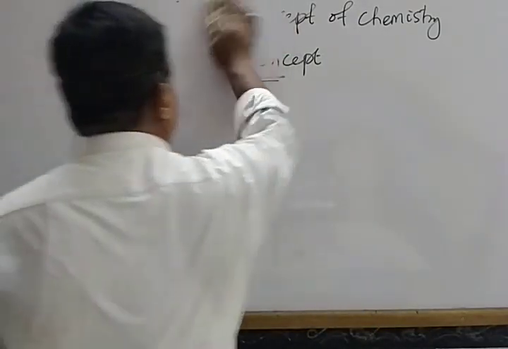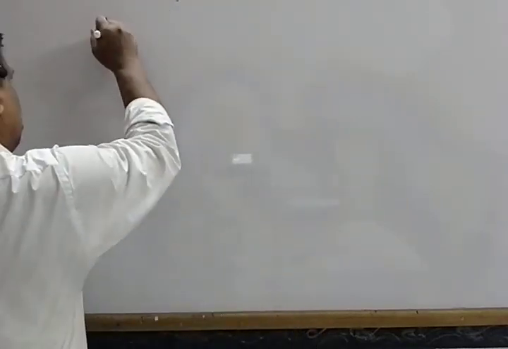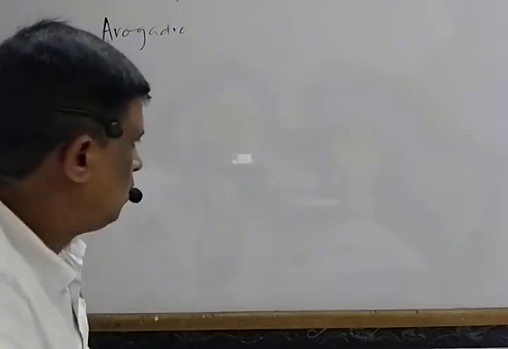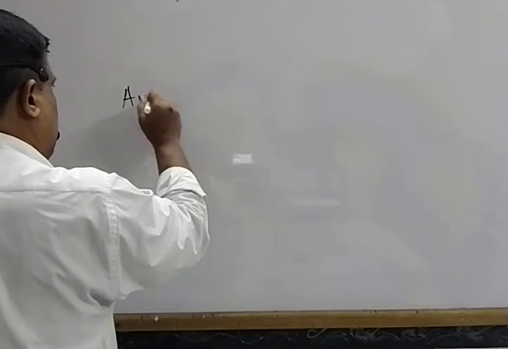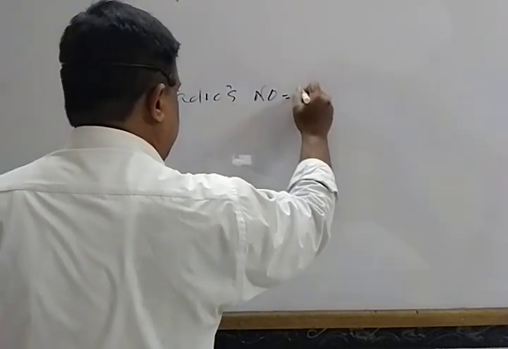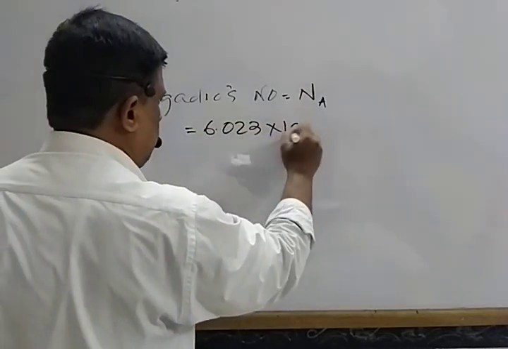Mark that. Mole is nothing but equivalent to one Avogadro's number. Already we covered Avogadro's number, represented by Na, which is equal to 6.023 into 10 to the power 23.